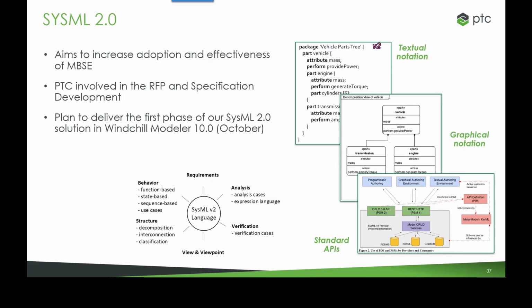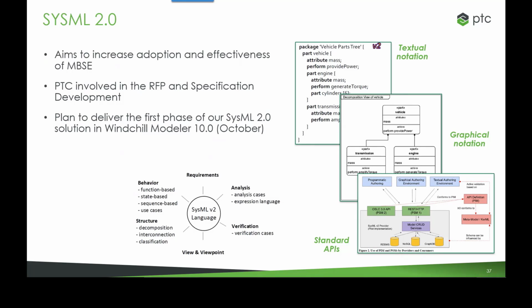We'll be delivering the first phase of our SysML 2.0 solution in Windchill Modeler 10.0. This is quite a big milestone for the industry, a whole new standard that will improve on V1 of SysML. It will give more power, more expressiveness, so we can capture systems more accurately and effectively.